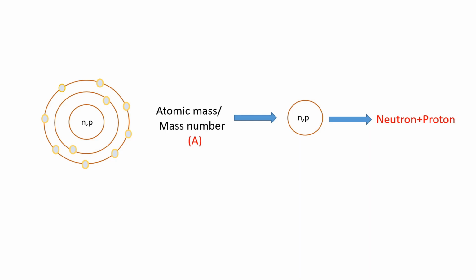The reason is electrons have the ability to leave or come back to the orbit, and because of which we don't include them in the mass number. So the mass number is the sum of neutrons and protons.